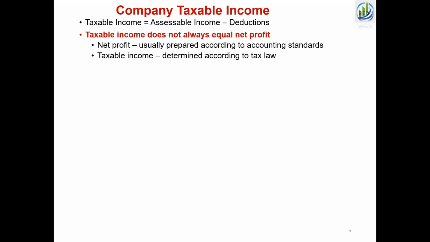A good example is immediate write-off. For example, you purchased an asset on 30th of June 2020, $100,000 equipment. In your accounting statement, in your balance sheet, the $100,000 is going to be treated as a balance sheet item, no depreciation.